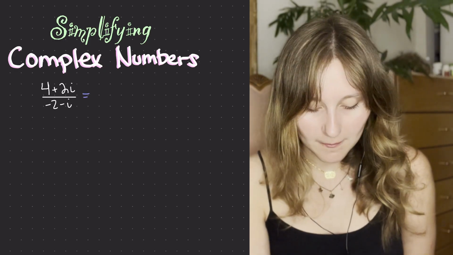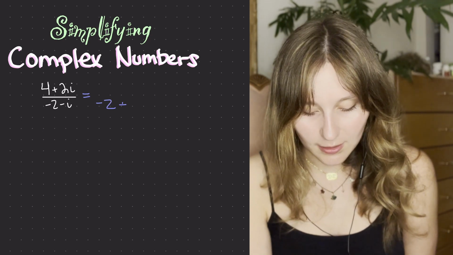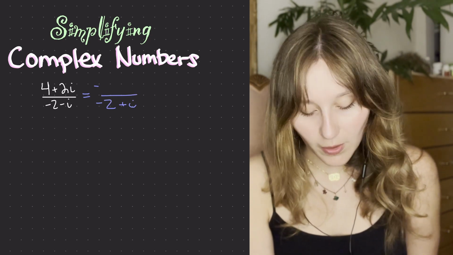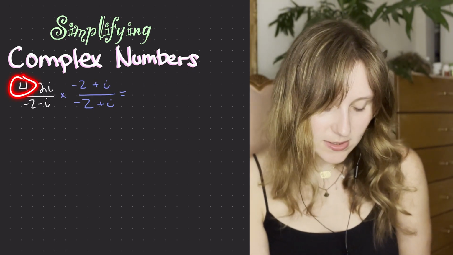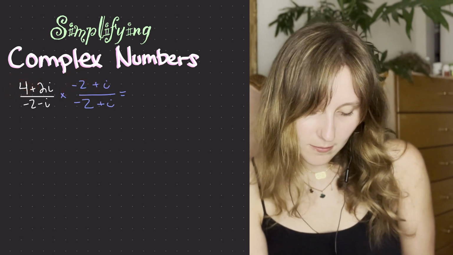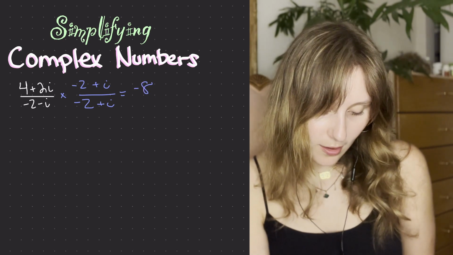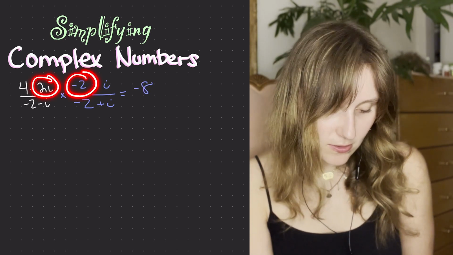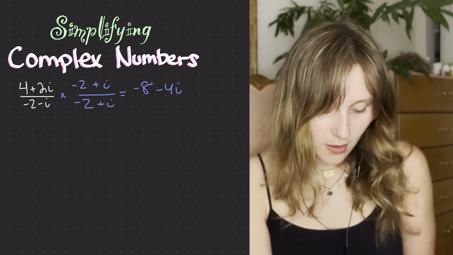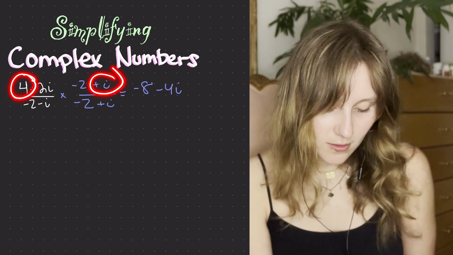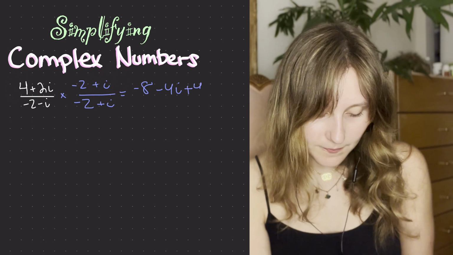So what do we get? Minus 2 plus i. What we do on the bottom, we do on the top. So 4 times minus 2 is going to be minus 8. We have 2i times minus 2, which is going to be minus 4i. We have 4 times i, so I get plus 4i.